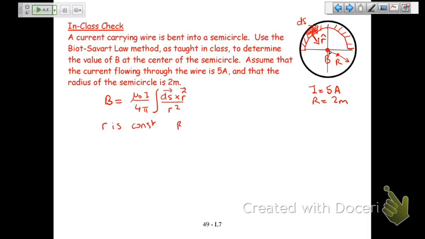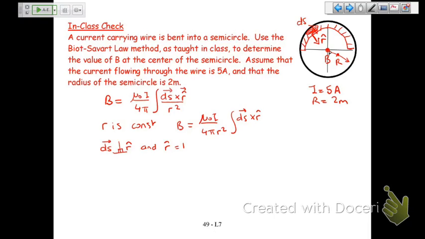So that means that B is equal to mu naught I over 4 pi r squared times the integral of ds cross with r hat. And then the next thing I say is ds is perpendicular to r hat, and r hat equals 1.